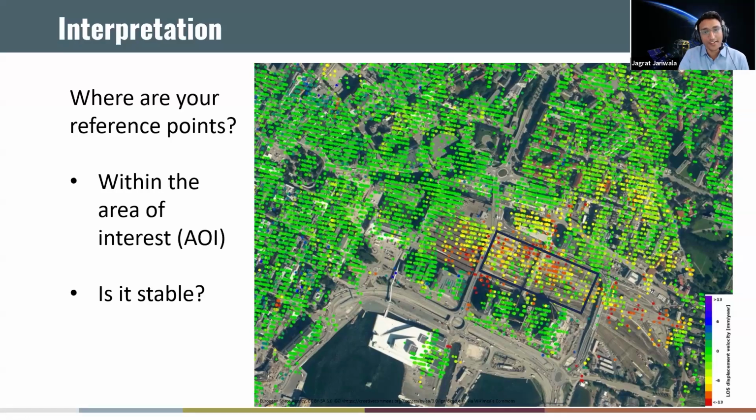The other thing to keep in mind, if you're putting your reference points outside, but they are still within the zone of influence and are moving and are not stable, that will also bias the movement estimates in your area of interest. So you want to keep those far apart and on areas or structures which are stable.